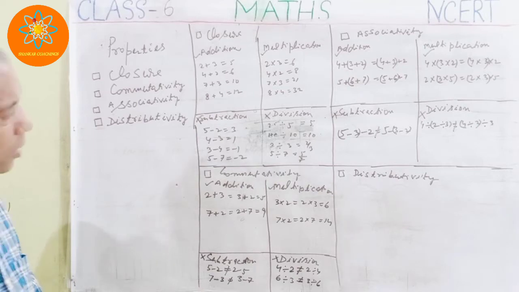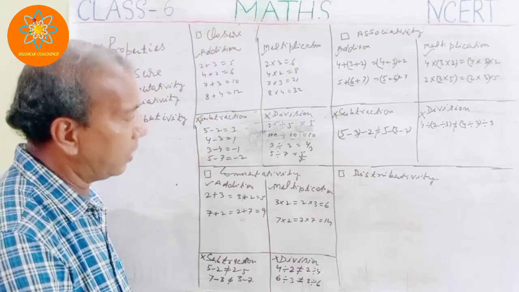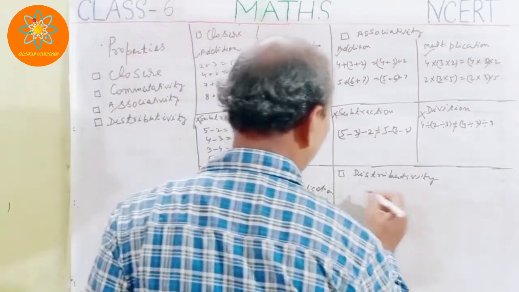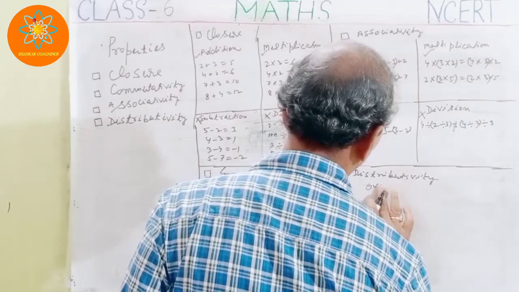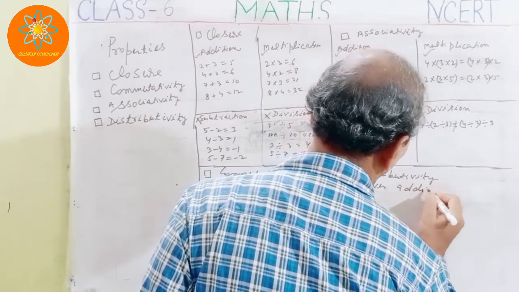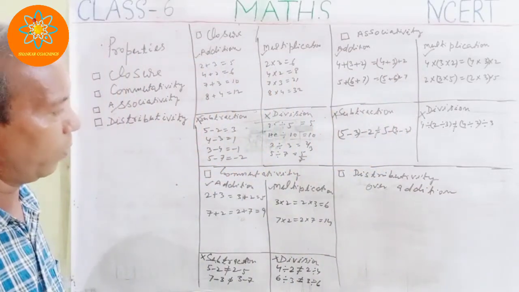It is the combination of multiplication as well as addition. So distributive property over addition.